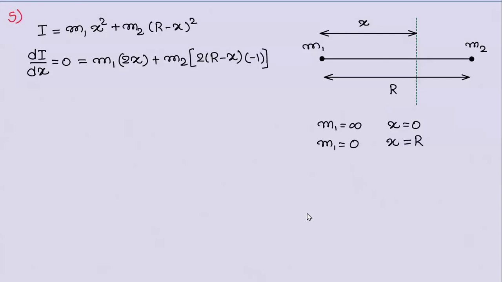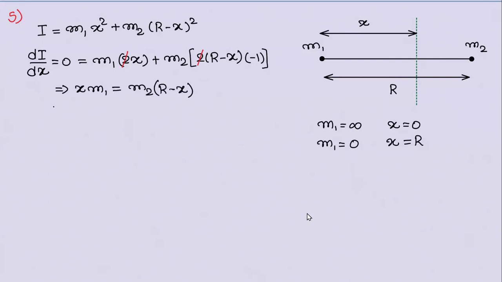It's a chain rule, or else whatever method you want. Now, if you solve it, that implies 2x m1 is equal to m2 into (2r minus 2x). 2 is cancelled.